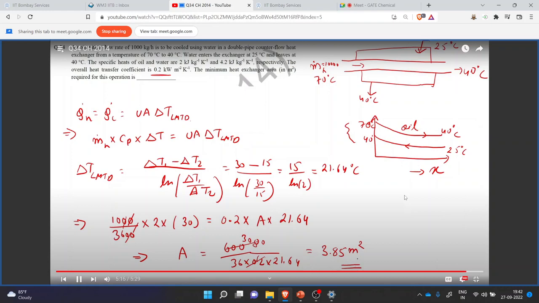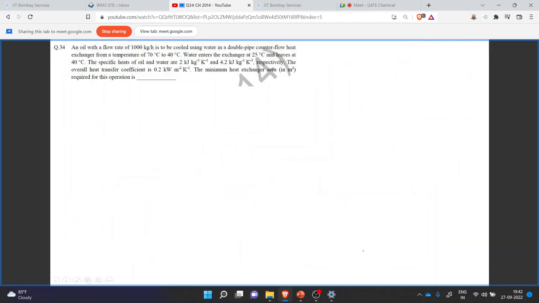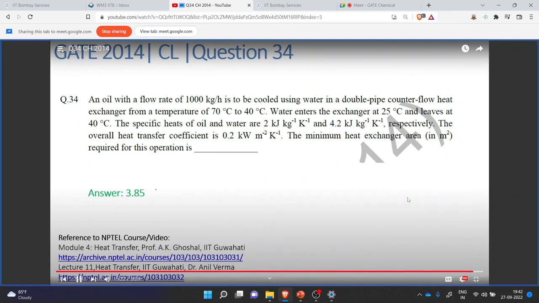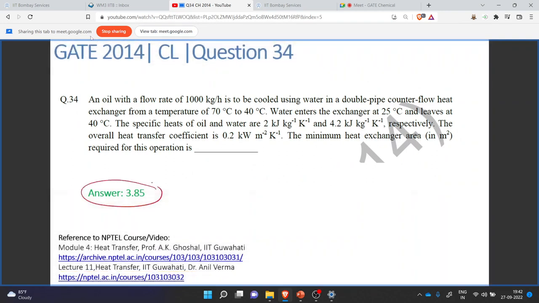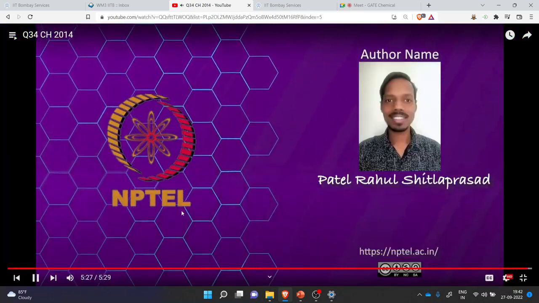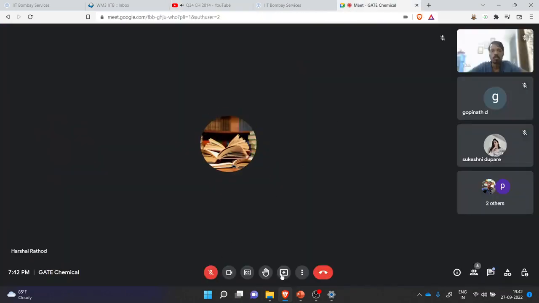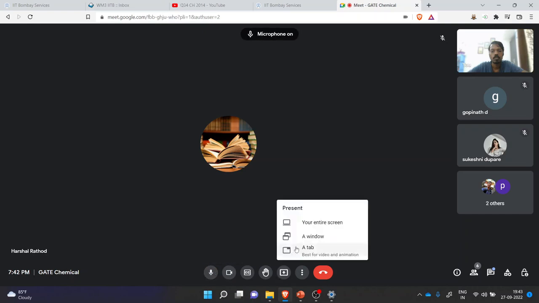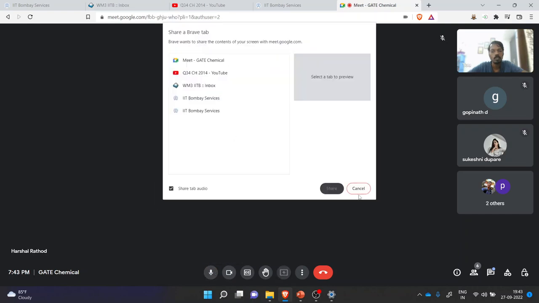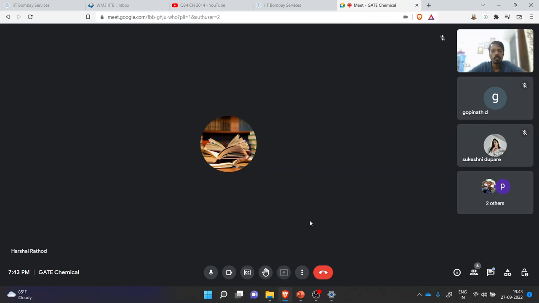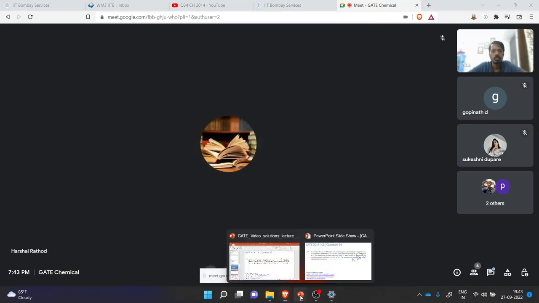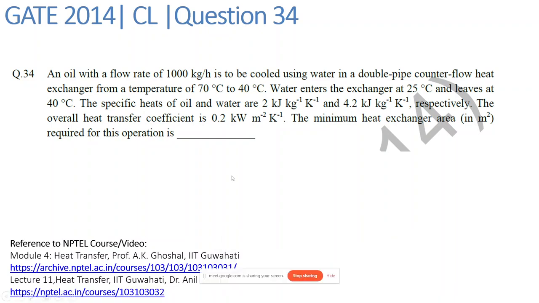So the minimum heat exchanger area required for this operation is 3.85 meters square. You can report the final answer as 3.85. We looked at this question 34 related to a double pipe counterflow heat exchanger to calculate the minimum heat exchanger area.